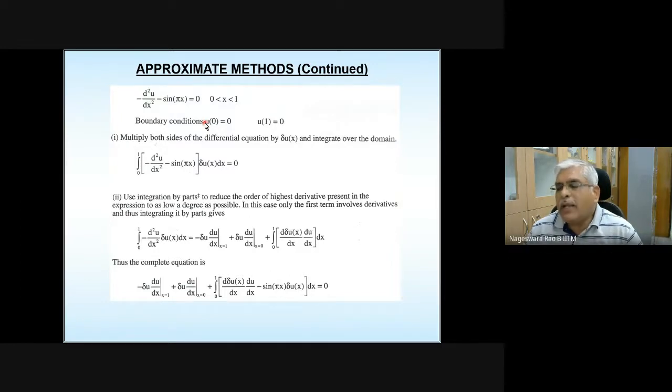There cannot be any change in this approximate solution at the points where essential boundary conditions are specified.